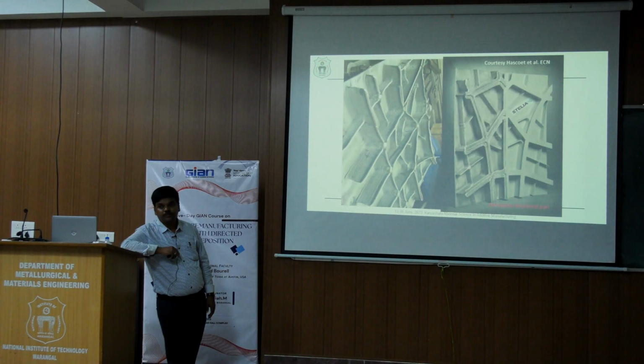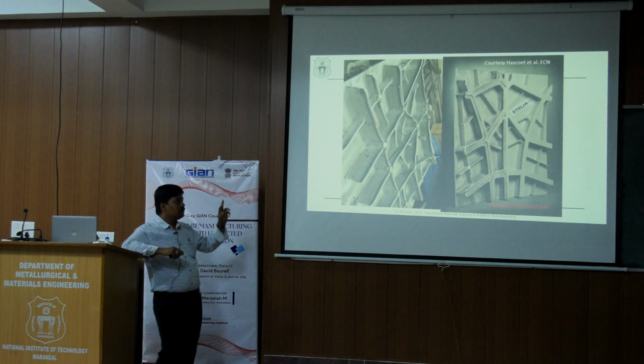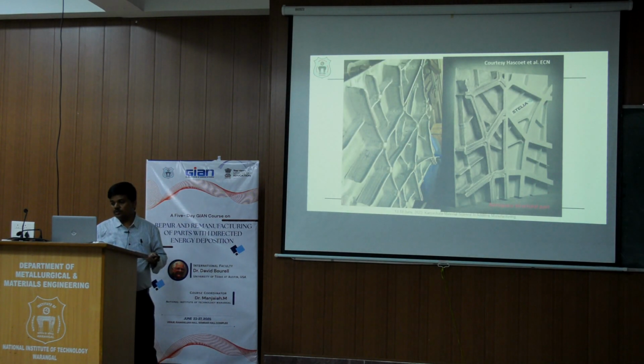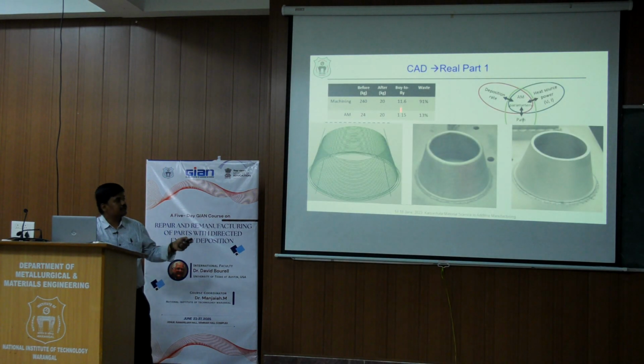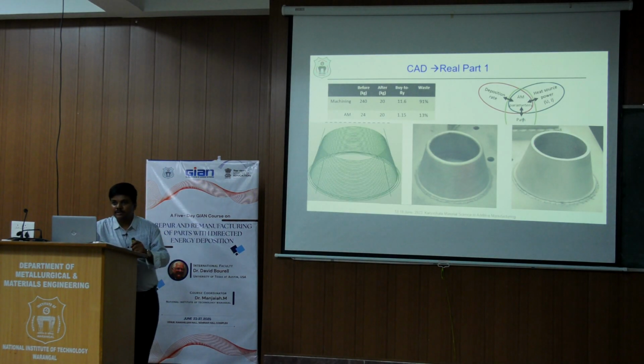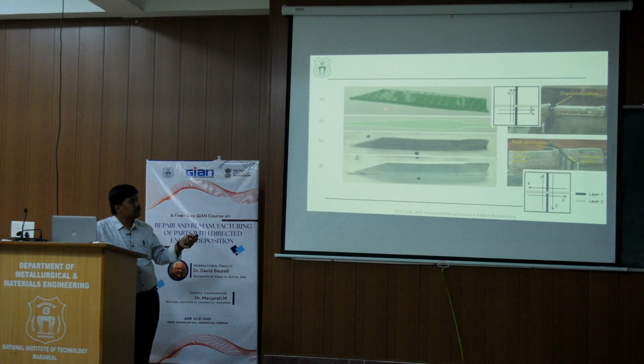We addressed all these issues after several attempts, by considering different path planning strategies, what kind of axis, whether 3 axis or 5 axis, and the deposition strategy. Even after machining, you can see a lot of cracks. These are the deposited components with these deposition strategies, but we ended up with defects.